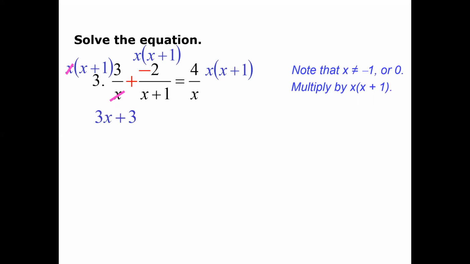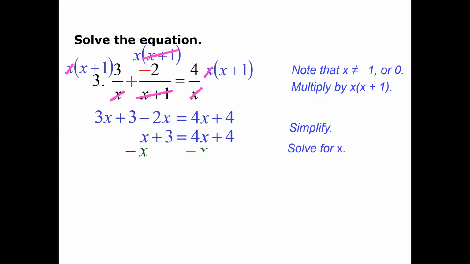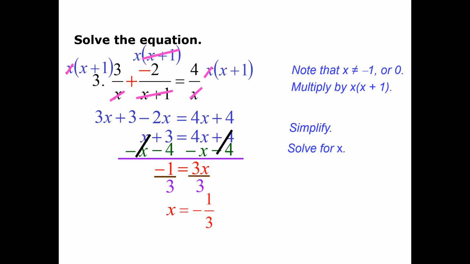You will have 3 times x plus 1 is 3x plus 3 minus 2x equals 4x plus 4. Simplifying, you will have x plus 3 equals 4x plus 4. Solving for x, so transpose, you will have x equals negative 1/3. So the solution for this rational equation is negative 1/3.